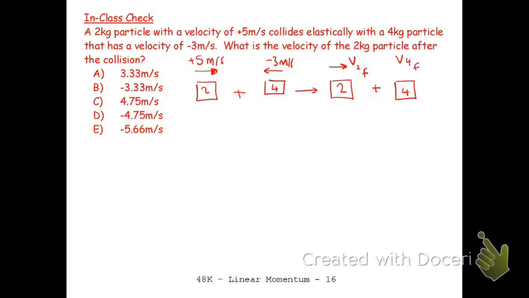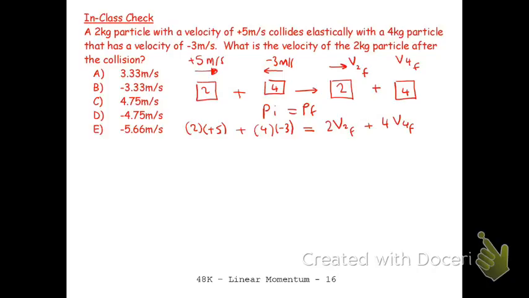Two unknowns. So the first thing I'm going to say is that P initial is equal to P final. So I look and I say, well, it's going to be 2 times plus 5 added to 4 times minus 3. And that equals 2V2 final plus 4V4 final.